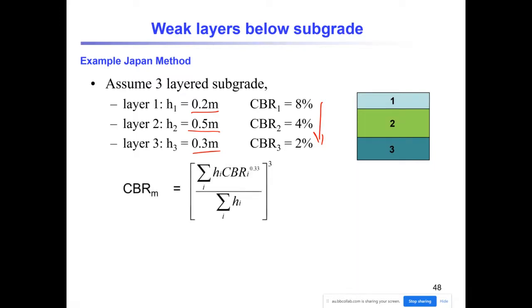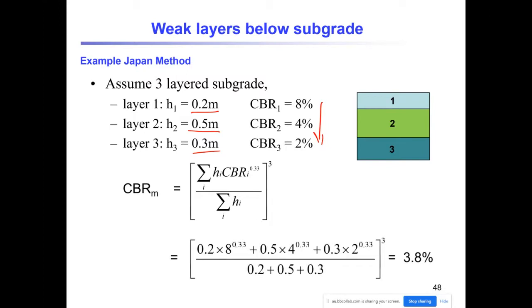So you can simply use the Japan method. This is the thickness of the first layer multiplied by the CBR value to the power 1/3, plus the thickness of the second layer multiplied by the CBR value to the power 1/3, and also for the third layer, divided by the total thickness.